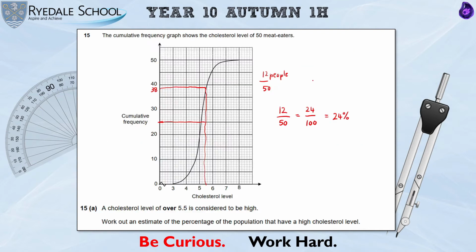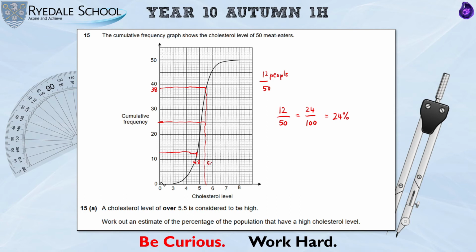Just going back to get the interquartile range. So the interquartile range is between a quarter of 50, which is 12.5, so again, I'll read that off in a minute, and 37.5. Well, that's practically the value that I've just read off there. So the interquartile range is going from 4.8 to about 5.5.